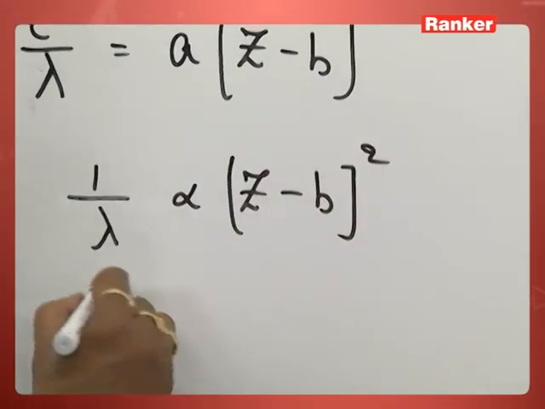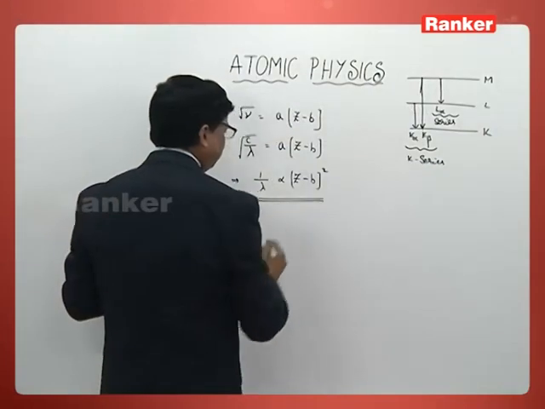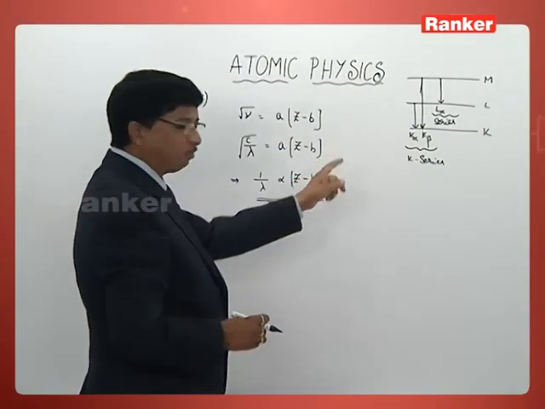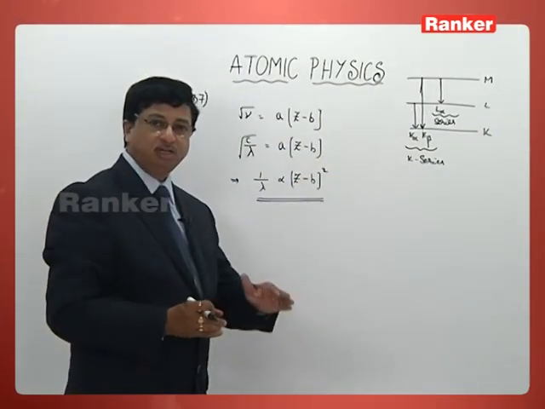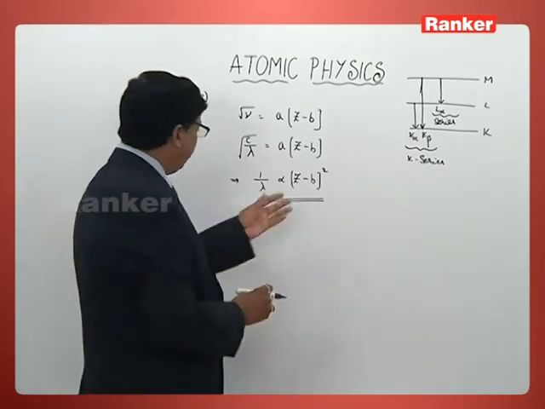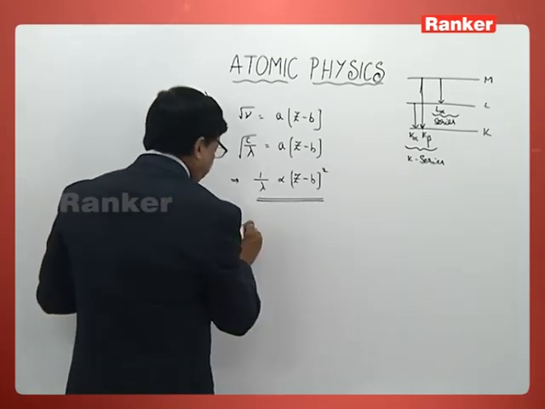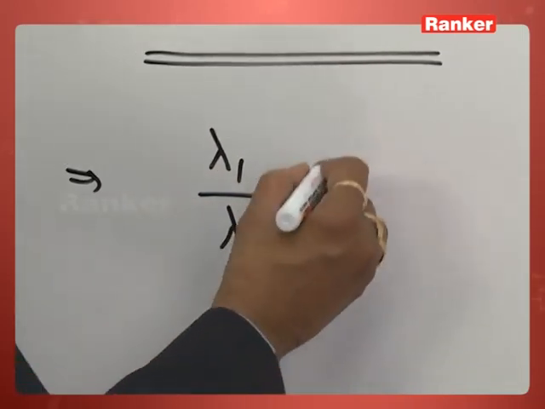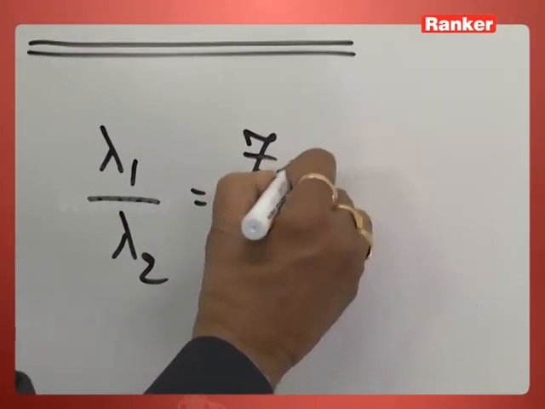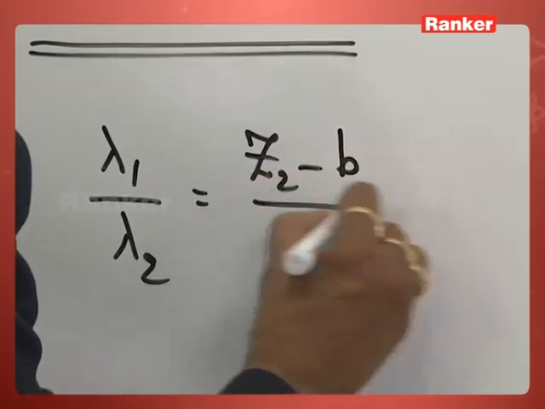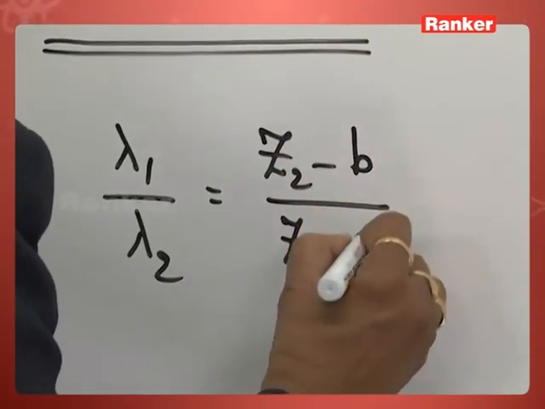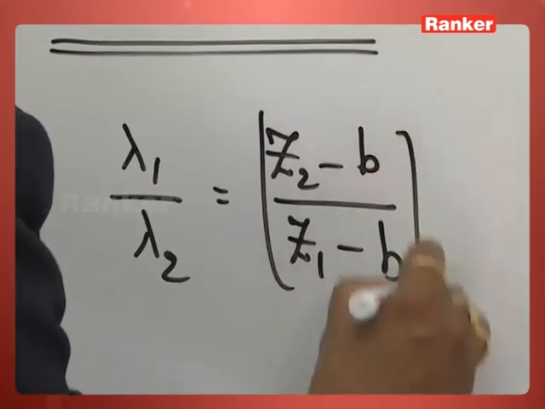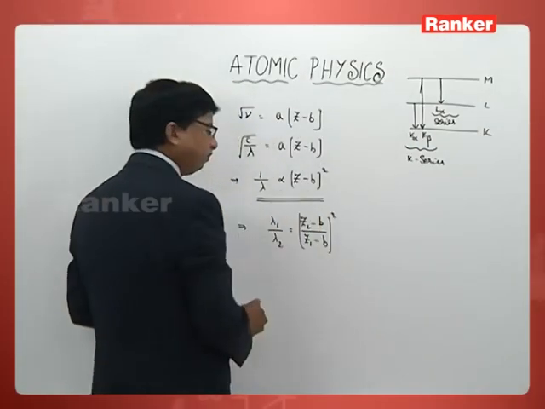In fact, this is the formula based on which this type of question can be attempted. Now if you write the same in the form of a ratio, lambda 1 by lambda 2 is equal to Z2 minus B by Z1 minus B whole square. That is the usual equation.